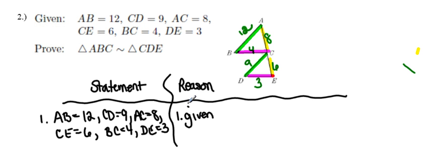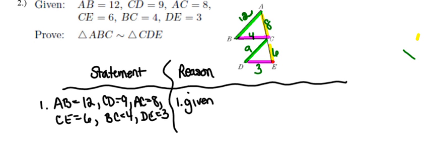And then I'm going to write my ratios. Remember, a ratio is just a comparison between any two things that we want to compare. And in this particular case, we want to compare longest side to longest side, shortest side to shortest side, and medium side to medium side.